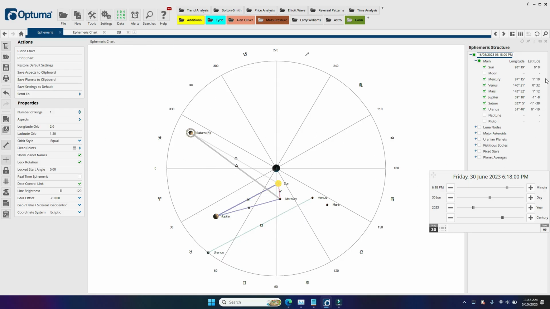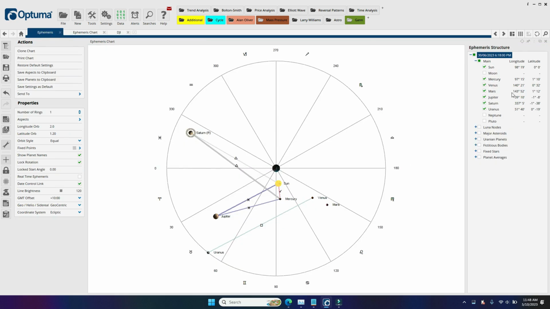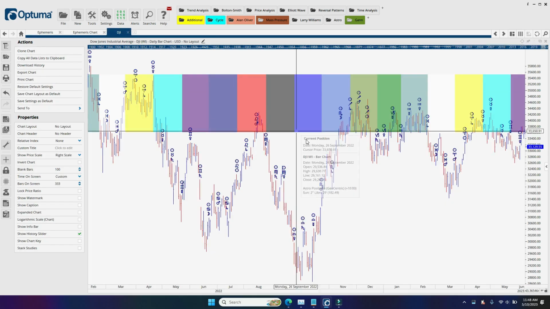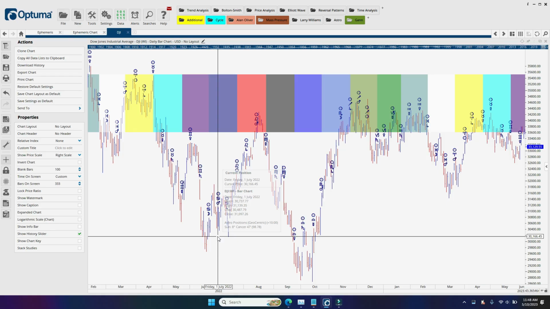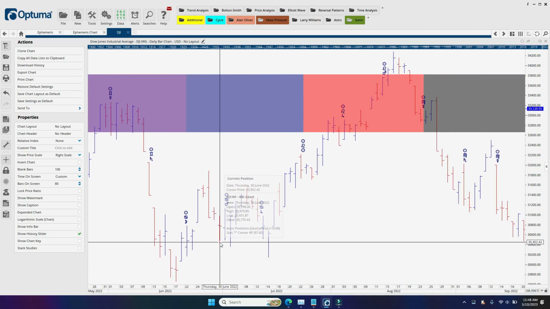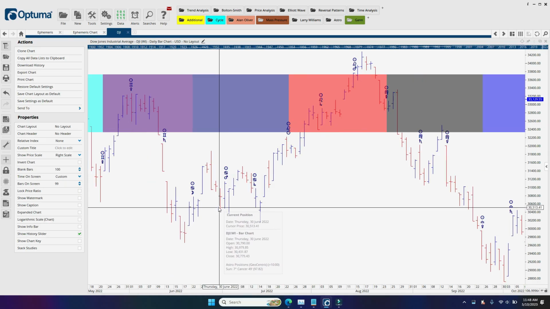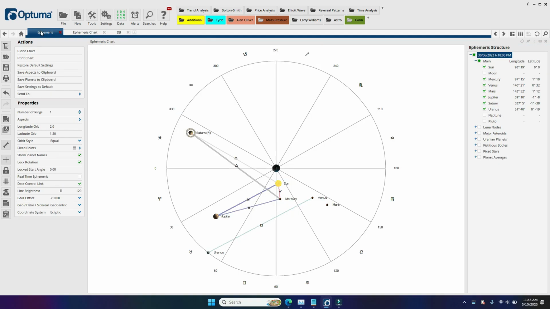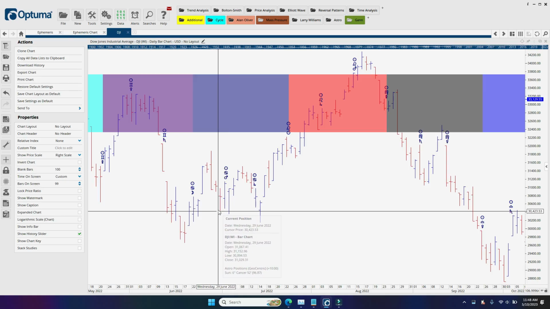Now, there's no guarantee that anything would happen at this time period, but if we were, for example, to look up what occurred on the 30th of June, right here, this would be the time period when all the planets were clustering in one way or another, forming a series of aspects, more so than other times, and that occurred probably roughly near the low.